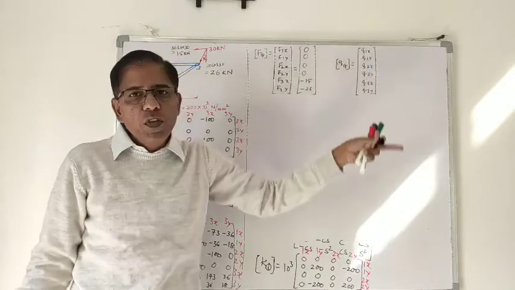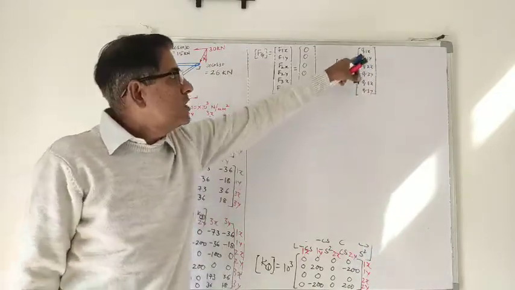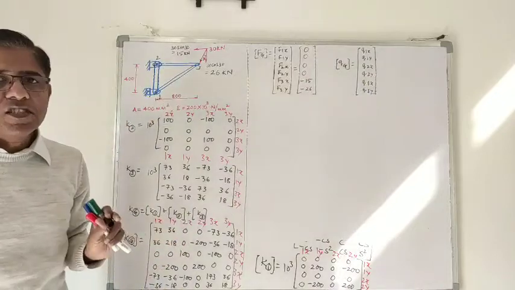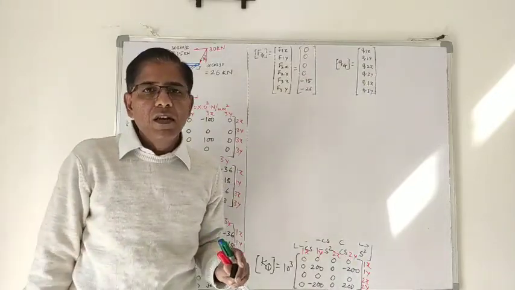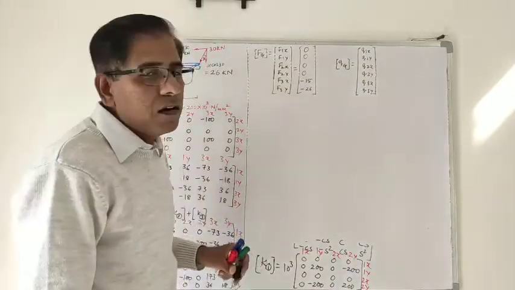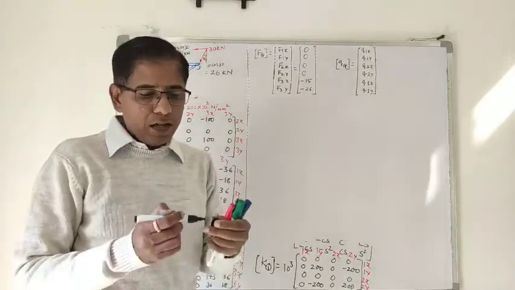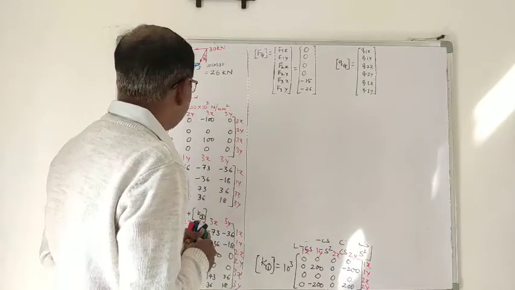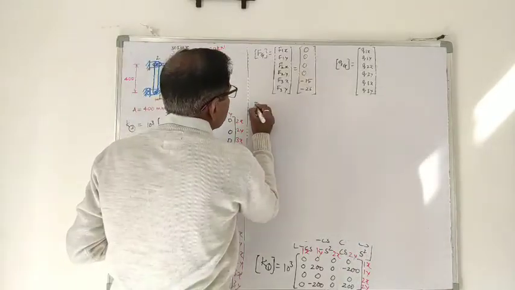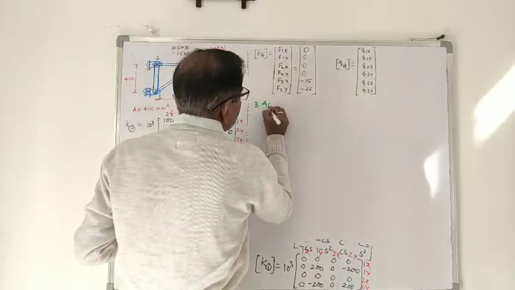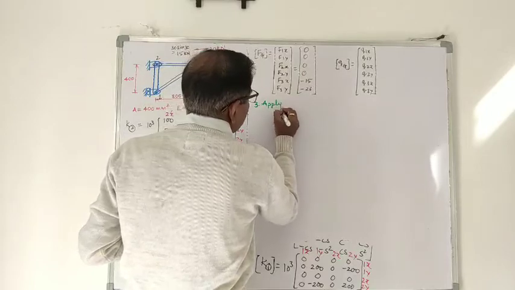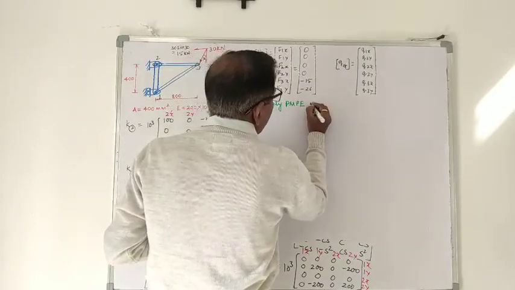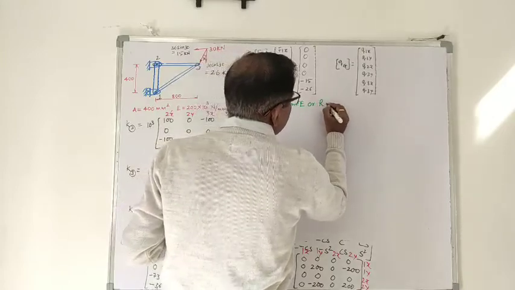These displacement values are all unknown and we need to find them out. Now we can apply the principle of minimum potential energy or Rayleigh-Ritz method. So step number 3, apply PMP or Rayleigh-Ritz method.